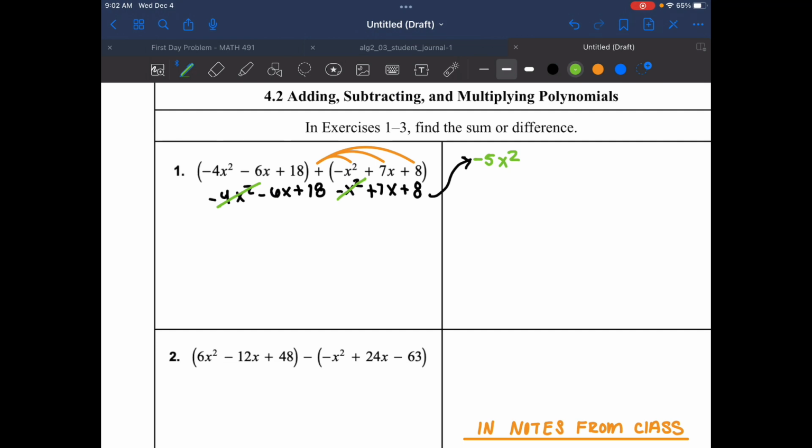And then we're going to go ahead and do -6x and 7x. So those add to be plus x. Okay? And then 18 and 8 is going to be plus 26. And that's your answer. So you just combine like terms.